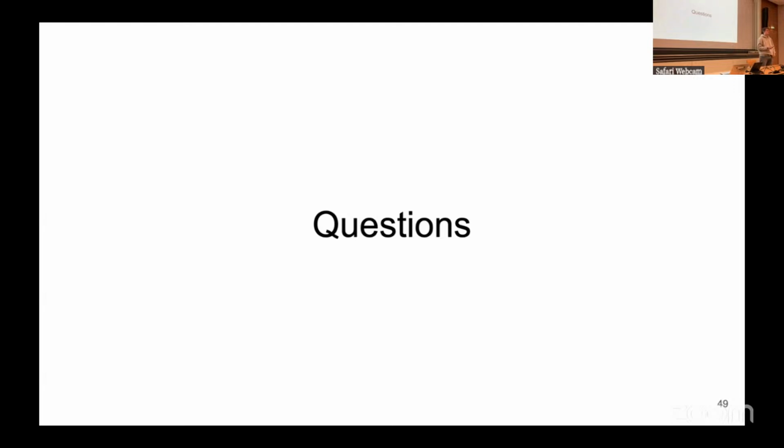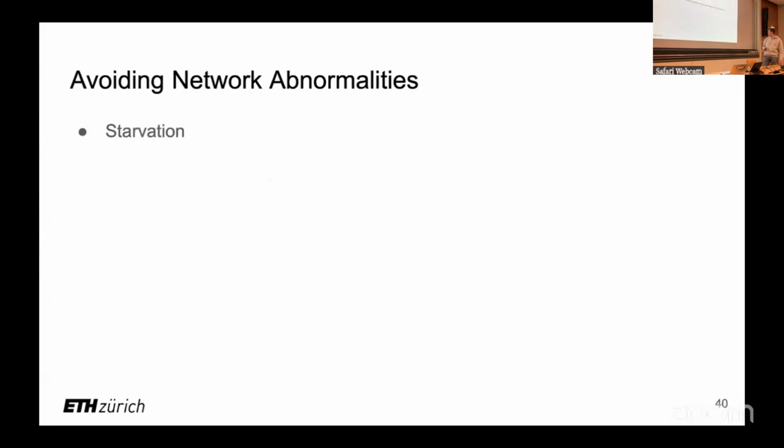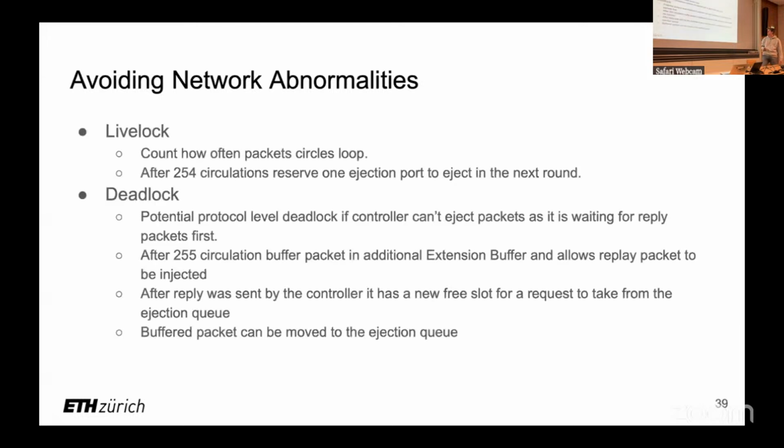Could you please go back to slide 39? There you go. When you talked about deadlock prevention, you said that they basically take some packets out and store them, right? Could it be the case that you miss your chance to inject and then someone else fills that space?